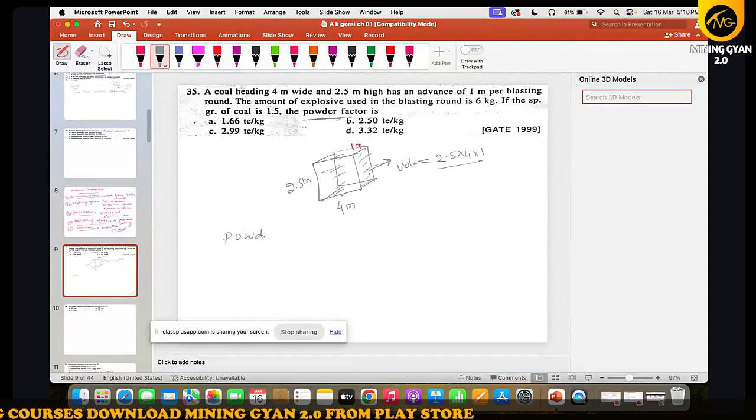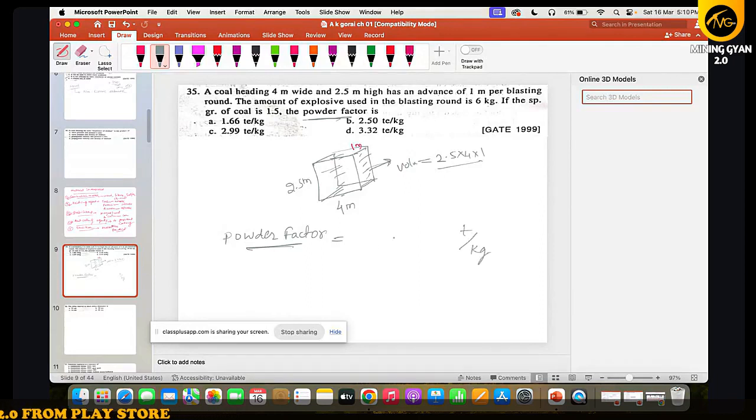So everybody should remember the powder factor formula, because it is important here. So powder factor will come in ton by kg. What is the formula? Coal production by explosive required.